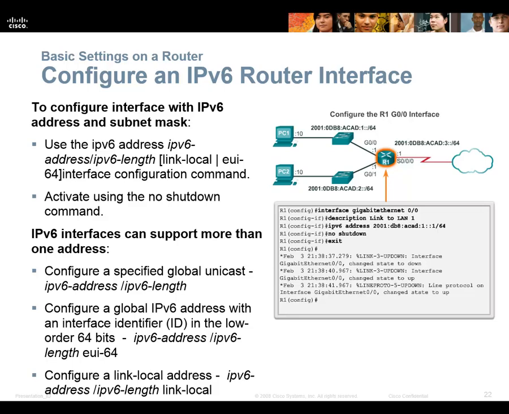Just like with IPv4, you need to do a no shutdown command once you've done it. You may also need to put two IP addresses, a global identifier and a link-local address. Assuming that you're running IPv6 outside of just your local network, you need that global interface identifier in order for it to be able to assign an IPv6 address that can actually get out on the network.